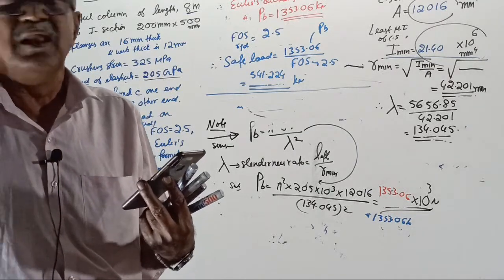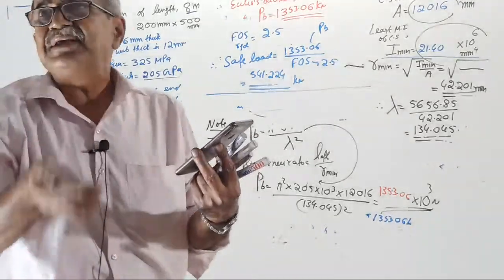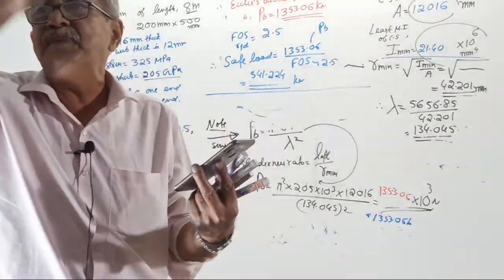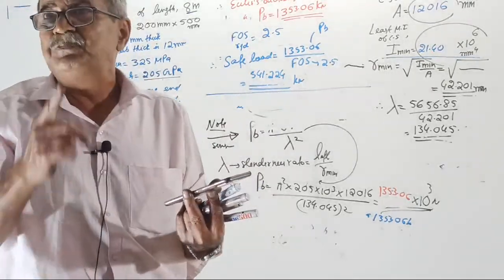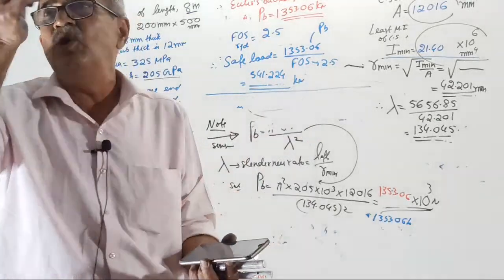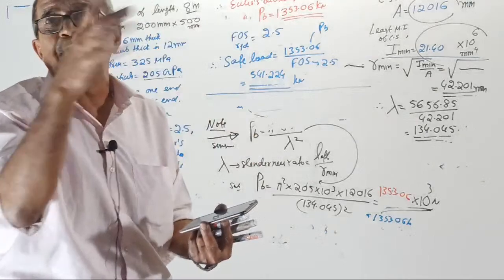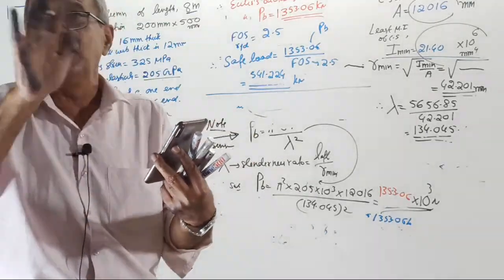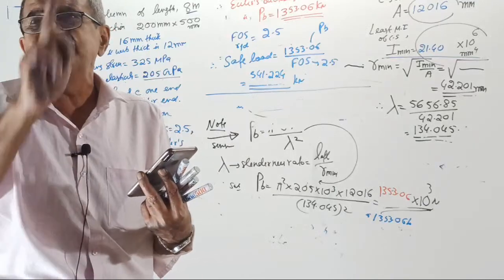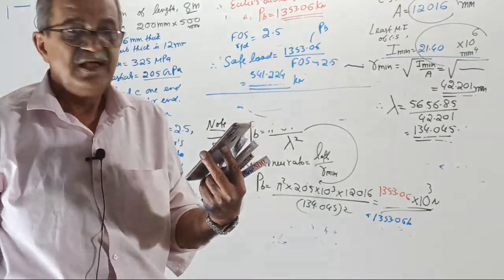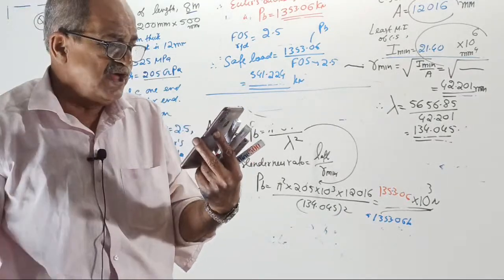How is it possible? Rankine considers the buckling effect and also the axial load effect. Buckling will cause bending moment, axial load will create axial stress, therefore you cannot apply that much load; you apply lesser load. Clear? Rankine's load is always less than Euler's load.